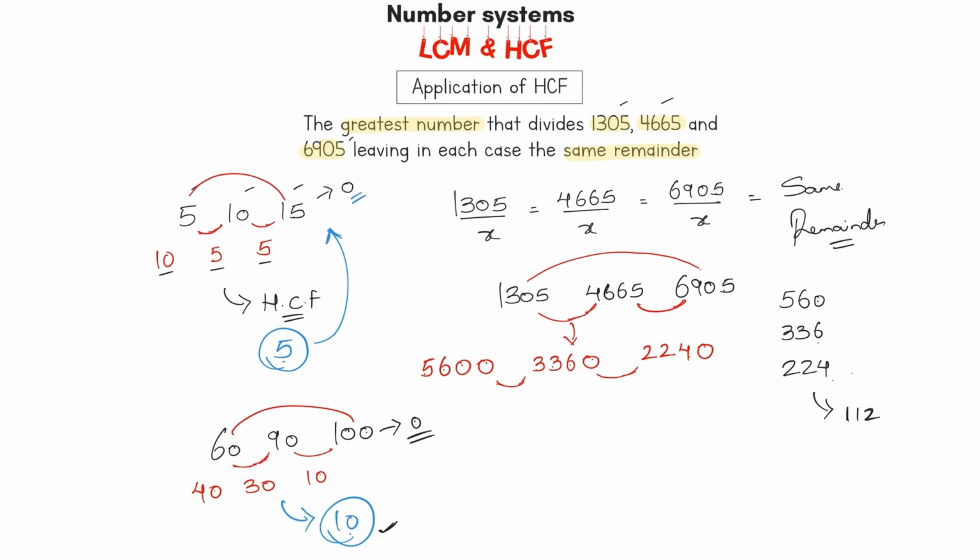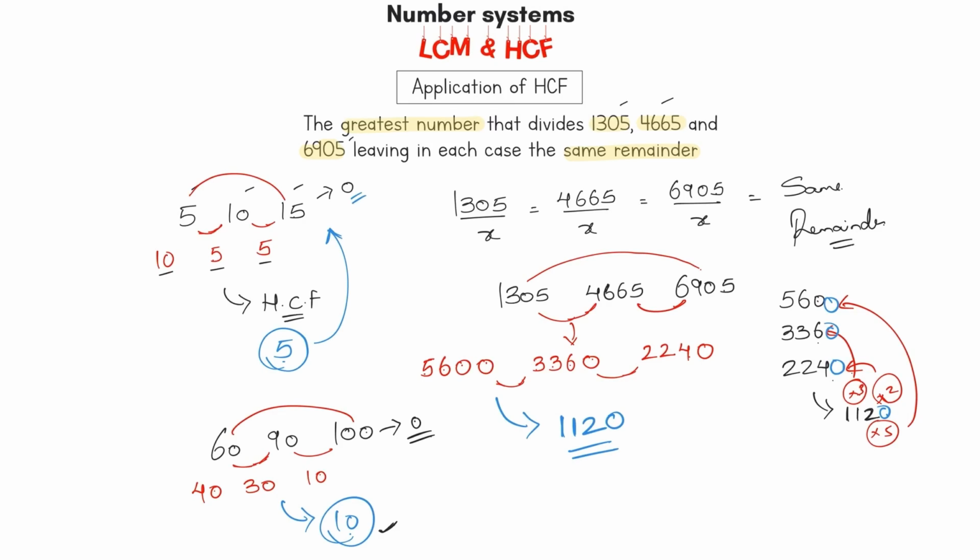Think about it. 112 into 2 is 224, into 3 is 336, into 5 is 560. So I know 112 will be the highest common factor here. I am keeping the prime numbers aside, and 112 I am getting here. So their highest common factor will be 112, but I did not take a 0 here. If I add a 0 to all of these, it becomes 1120. So 1120 is my answer.